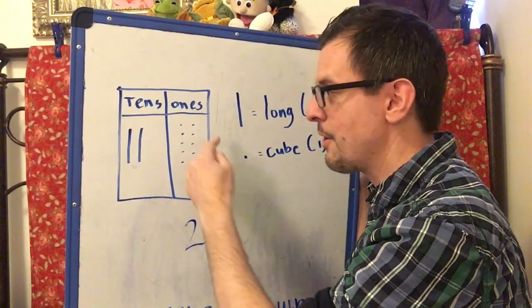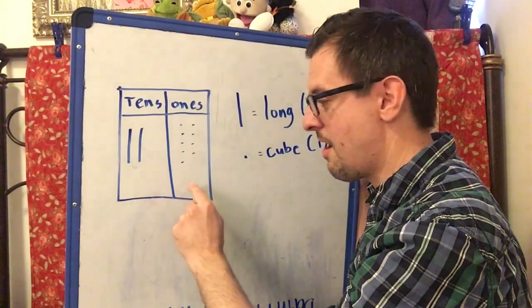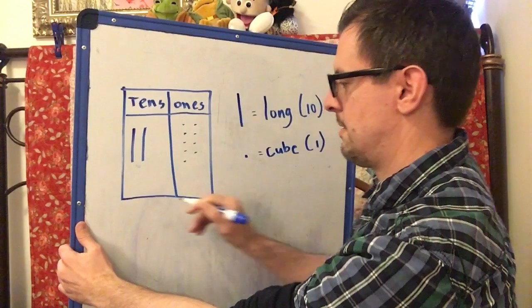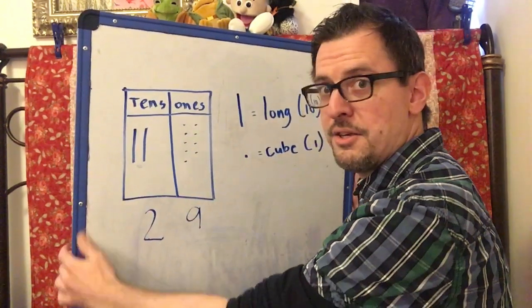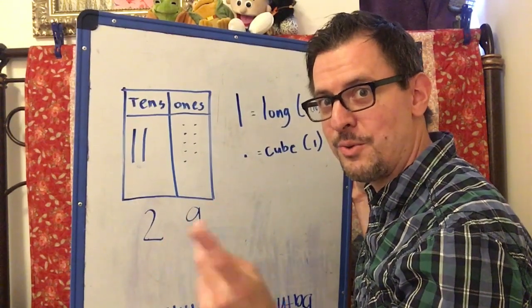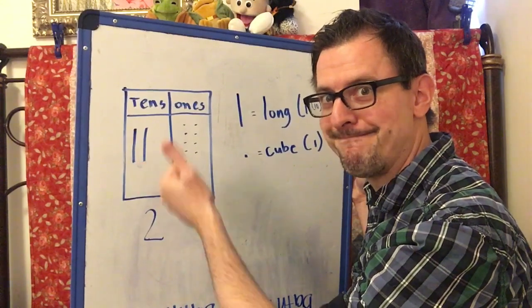Put them together, 29. One more time, 29. And they could be writing it, there we go, 29. Just like that. And there are 4 examples that I'd like you to have them build on their place value mat.